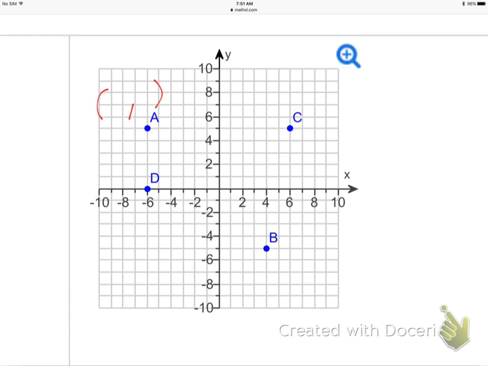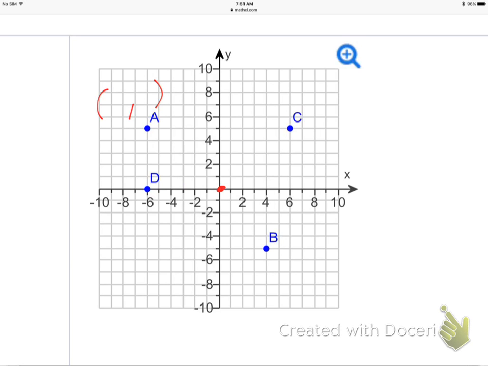So what are the coordinates of point A? Something, comma, something. So you go from the middle, right? This is called the origin, the beginning, the middle of the screen. That's where everything starts, originates.